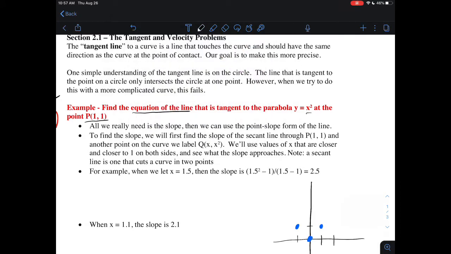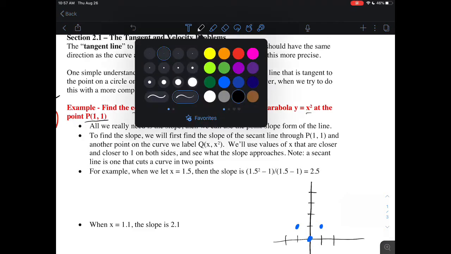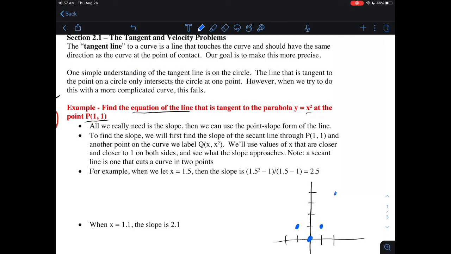So as a little sketch for our parabola, when I square 2 or negative 2, I would get y equals 4. So there's some points for our parabola, and it just looks like this as a little sketch. There's our parabola y equals x squared, just plugging in some points.